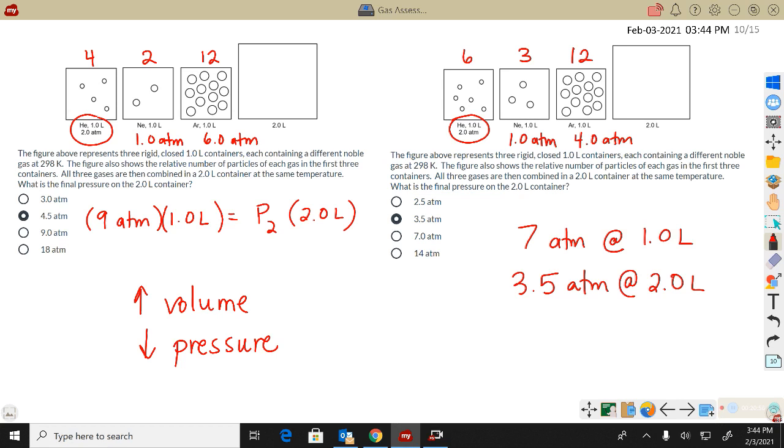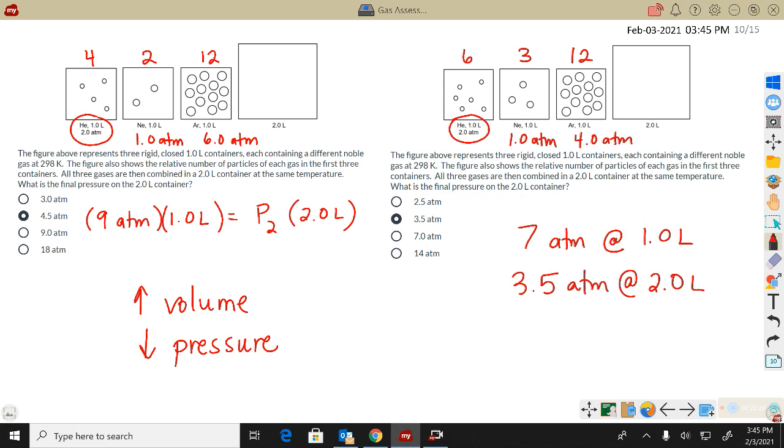And in fact, this Boyle's law equation is not in the packet because they just want you to think about the relationship between pressure and volume. It's inversely proportional. If I double the volume, the pressure should go down by half. It's double the space for those particles to move and collide.